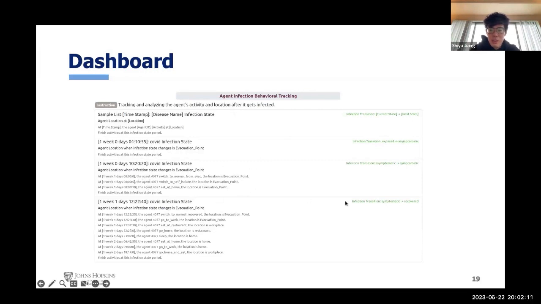That can give us an idea of how the logic of those agents is working, and we can also debug it if there is something that is not that good, or not like normal people's behavior.